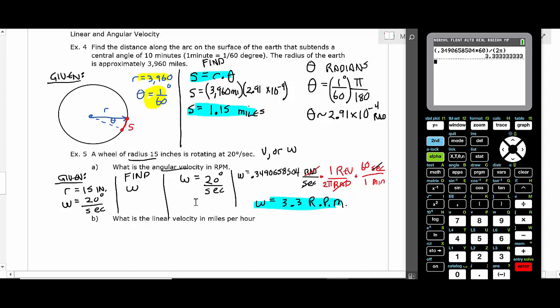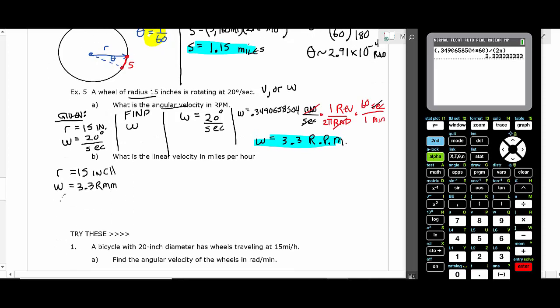Okay, now the next thing is we're going to find the linear velocity. Okay, well, let's see, what do we know now? We know the radius is 15 inches, and now we know the angular velocity is 3.3 RPMs, or if you go back a tad bit here, it was actually 0.3490658504 radians per second.